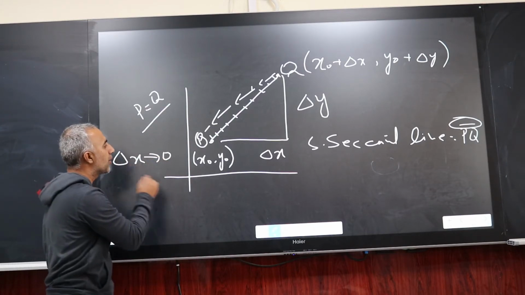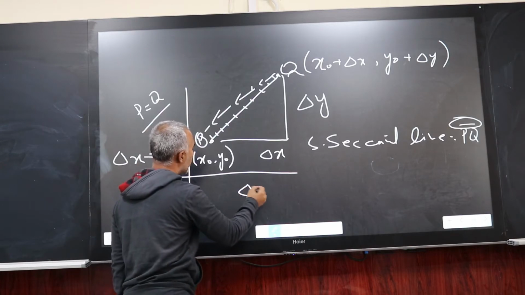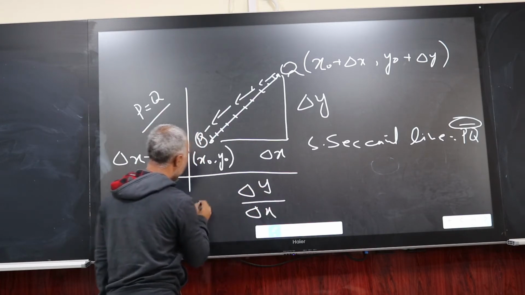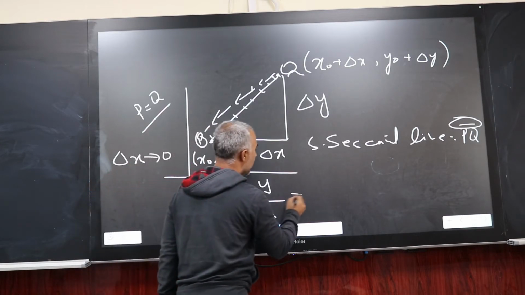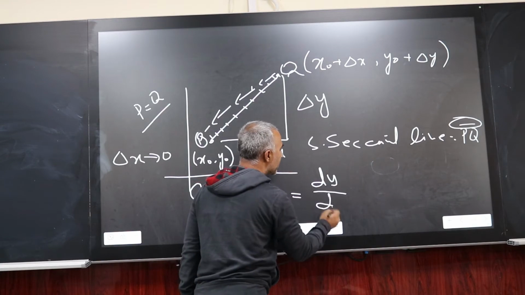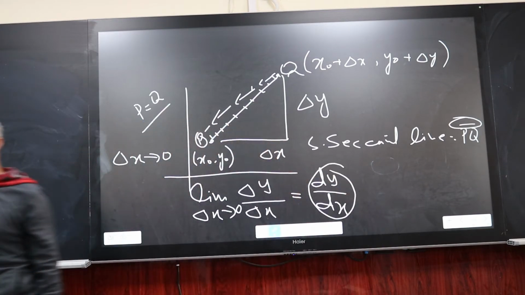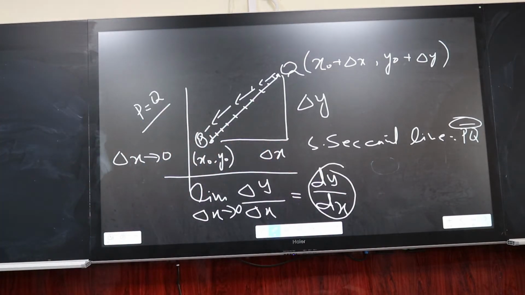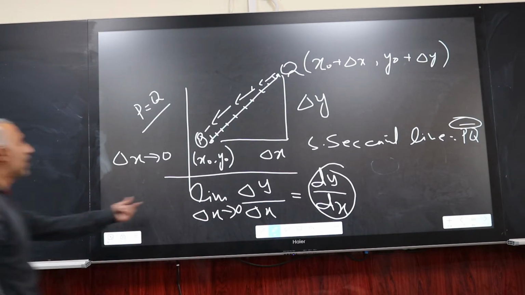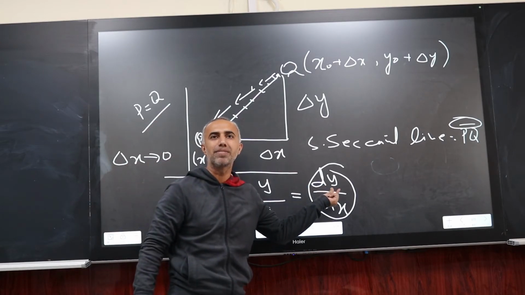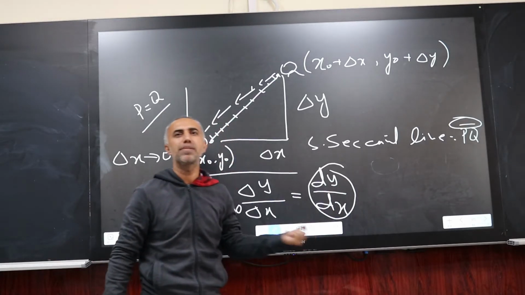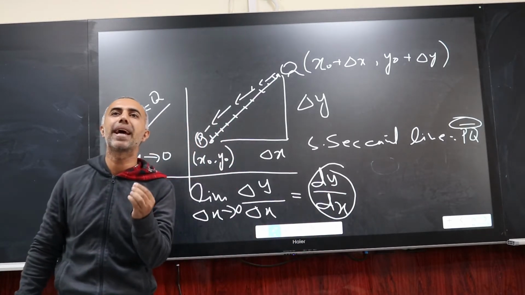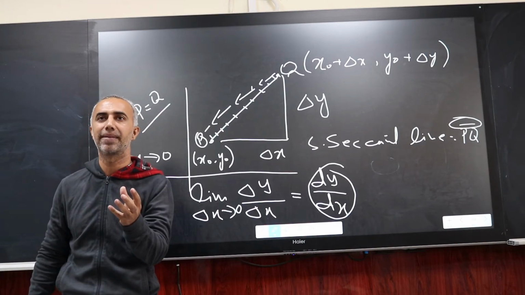So in this situation, rise over run, limit delta x approaches 0, it becomes dy over dx. This little d represents small change, small increments. Big delta represents big change. Are you getting my point? So this small change, meaning change at an instant, is known as the slope of tangent line.